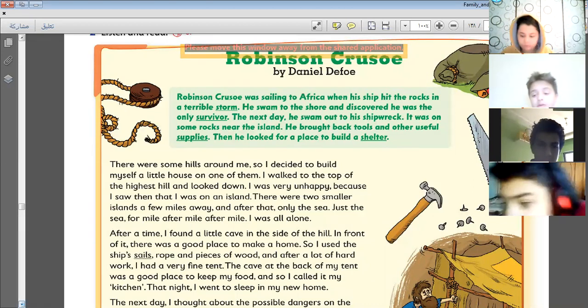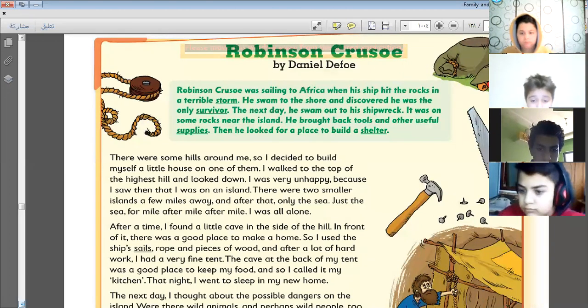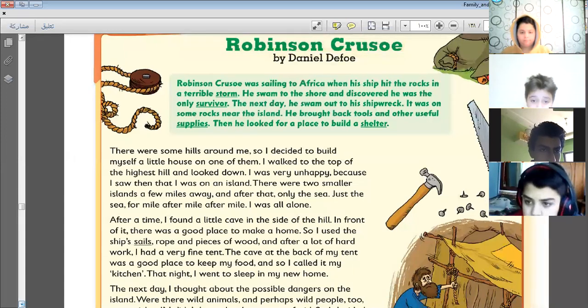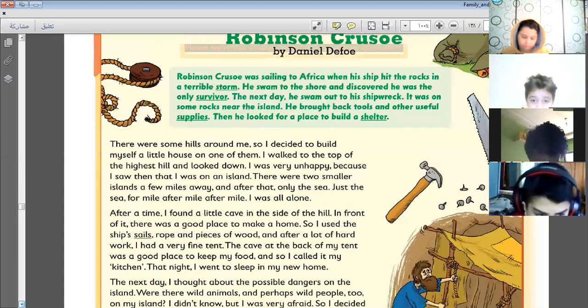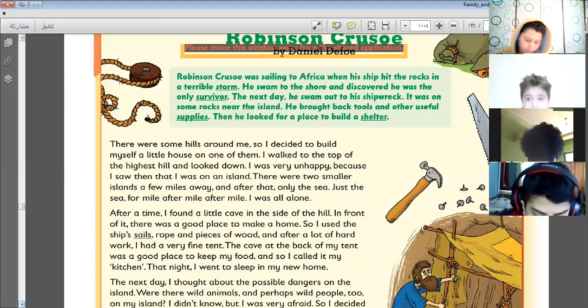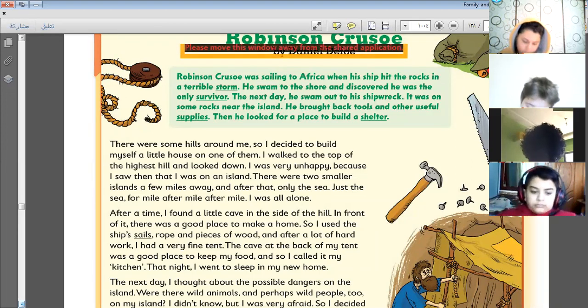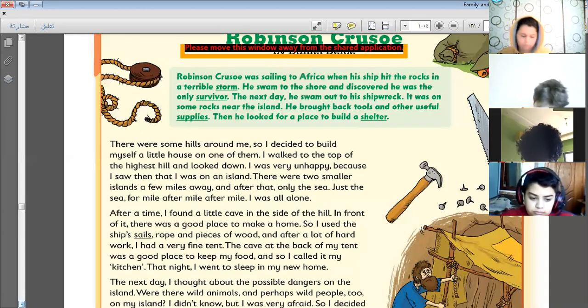It's an adjective. Lonely, alone. After a time, I found a little cave in the side of the hill. In front of it, there was a good place to make a home. So I used the ship sails. So he used the ship sails to make a new home.